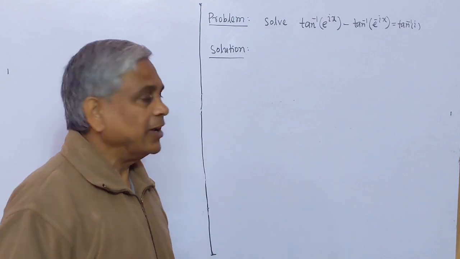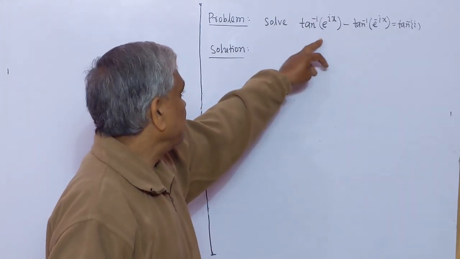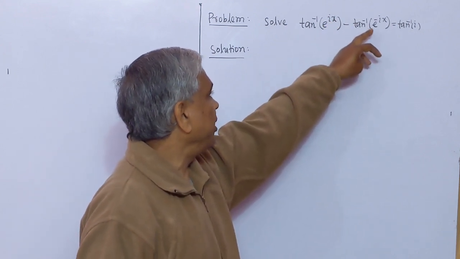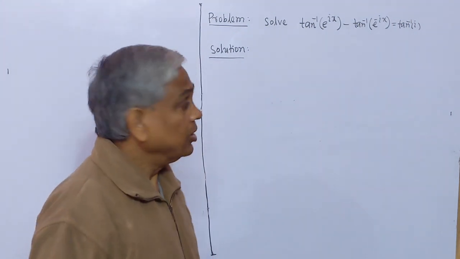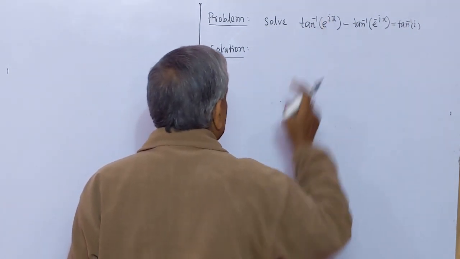Now we solve the next problem. Next problem is solve tan inverse e to the power ix minus tan inverse e to the power minus ix equal to tan inverse I. We have to find the value of x.